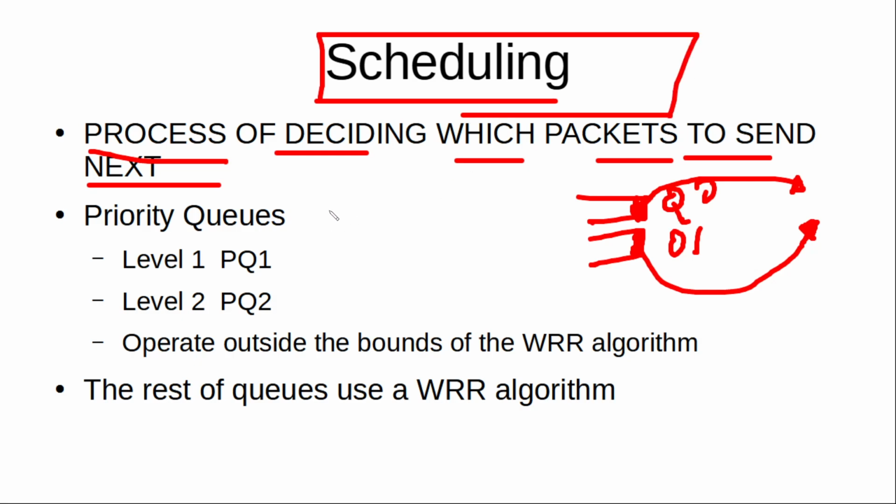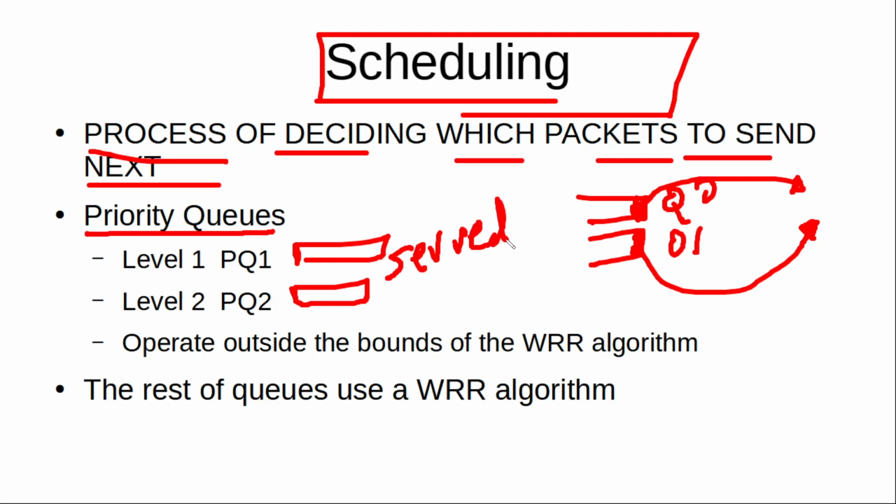Now remember that Catalyst 9000 have this particular type of queues that are known as priority queues or low latency queues. These priority queues, that can be up to 2, will be served first. And then the rest of the queues will be served using a certain algorithm.